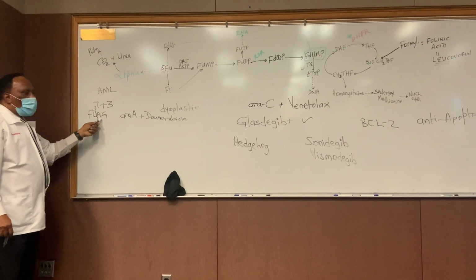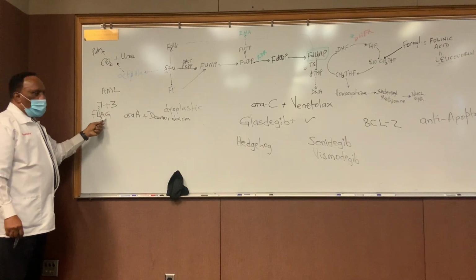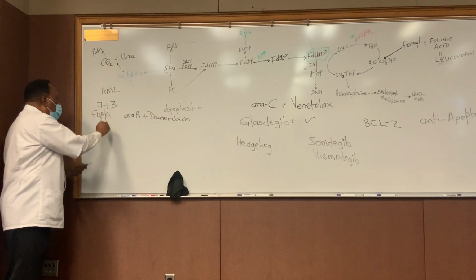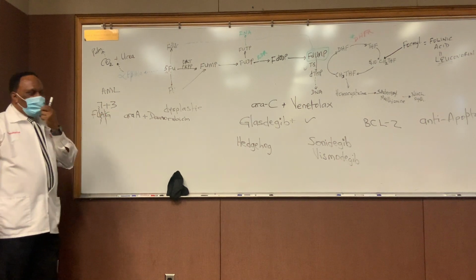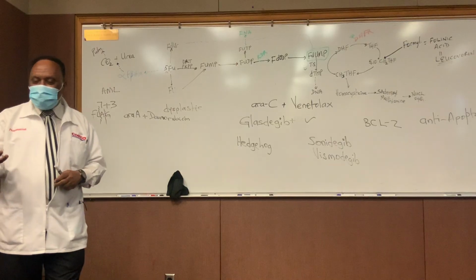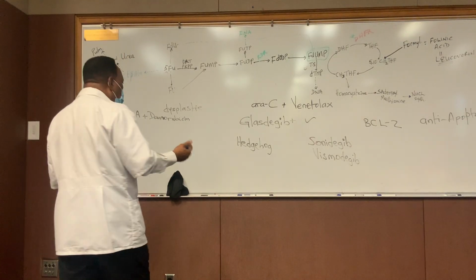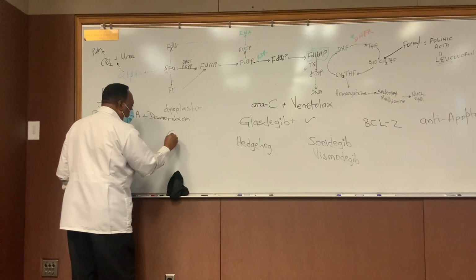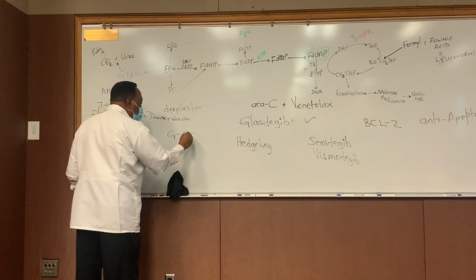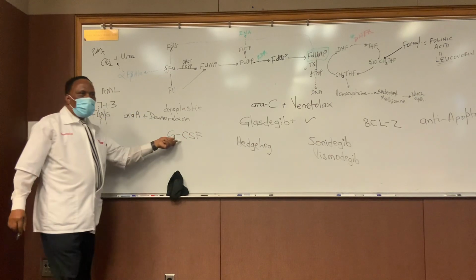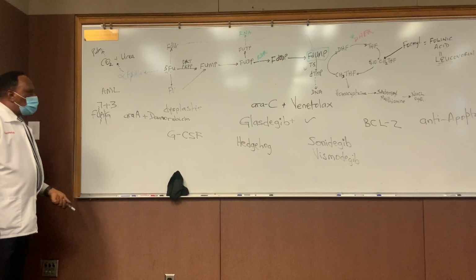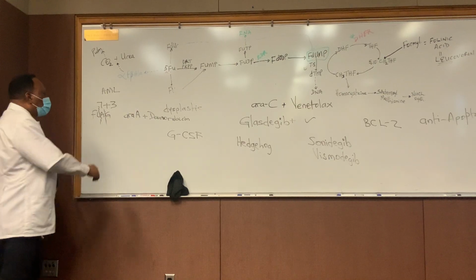And you have your ARA-C, and then the G is a colony stimulating factor, GCSF, granulocyte colony stimulating factor. That's also used in AML.